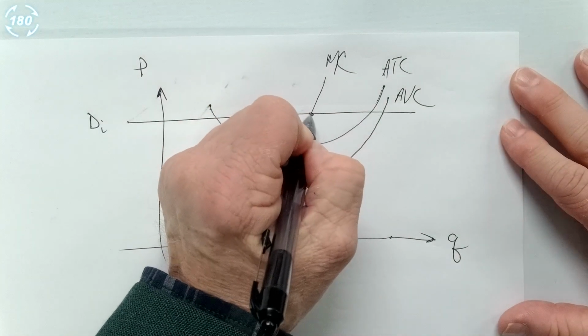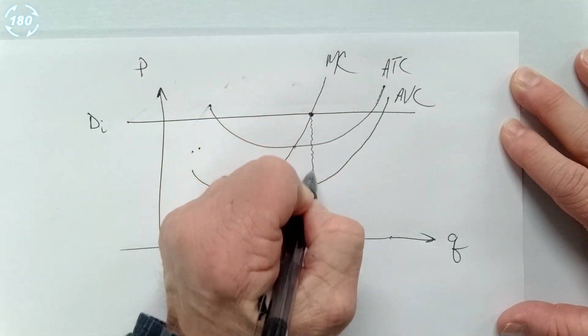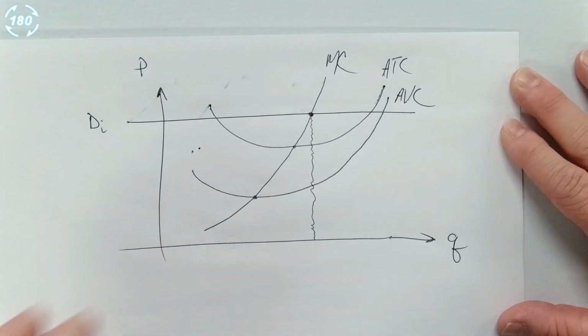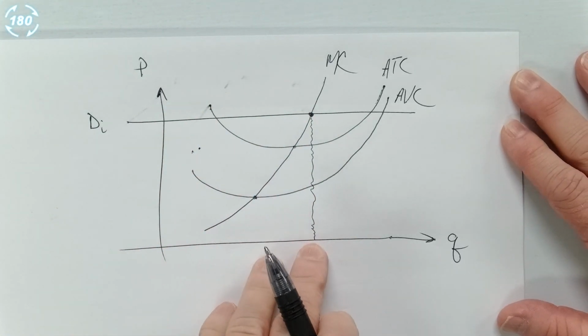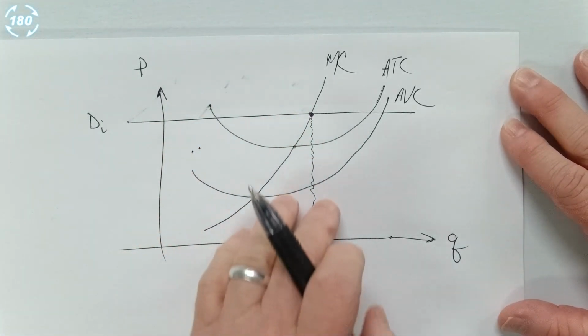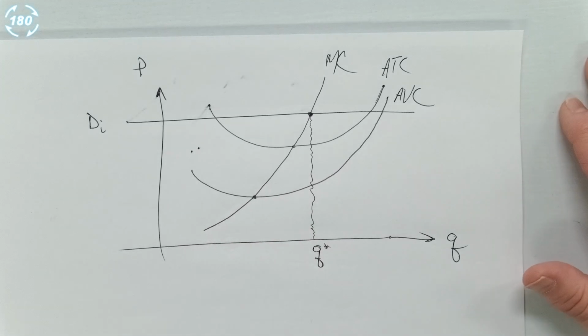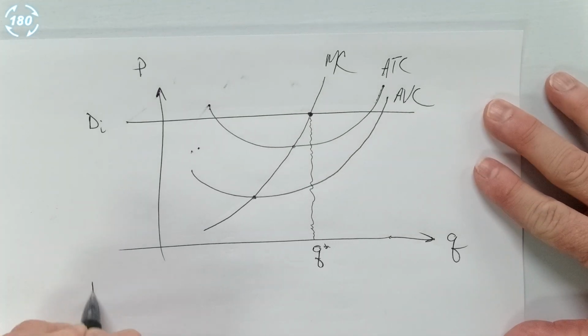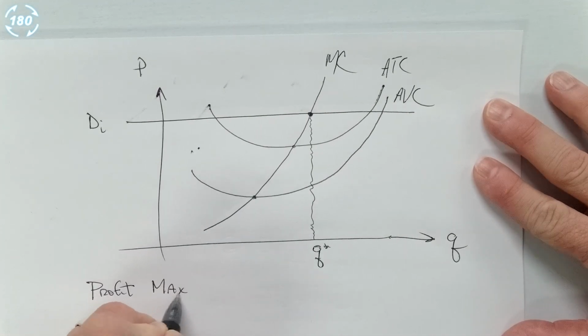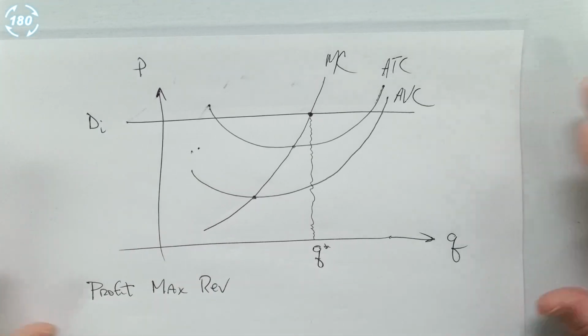So first off, I may not shade all this in, but this rectangle here, sitting over Q star, is the profit maximizing revenue. Here's what I want you to be able to do.